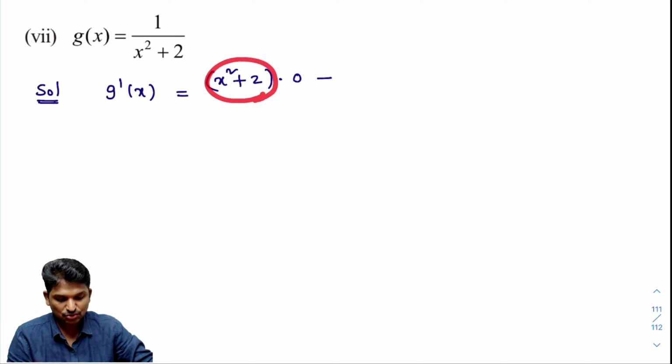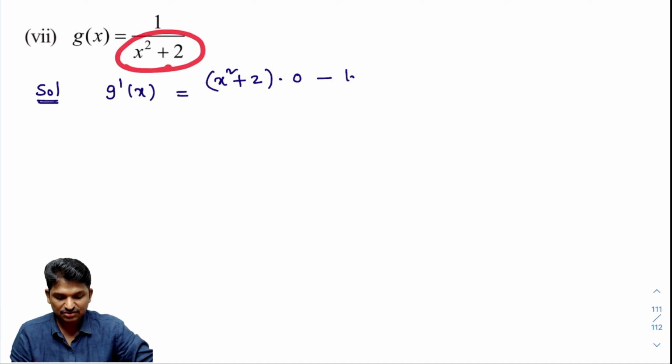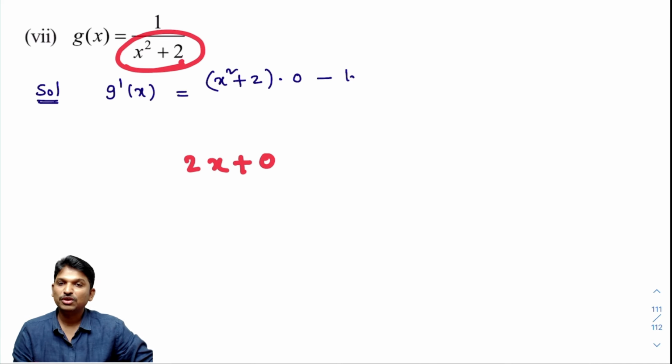v into derivative of u minus u, that means 1 into the derivative of x square plus 2. What is the derivative of x square? It is 2x, plus the derivative of 2 which is 0. So the derivative of x square plus 2 is 2x.